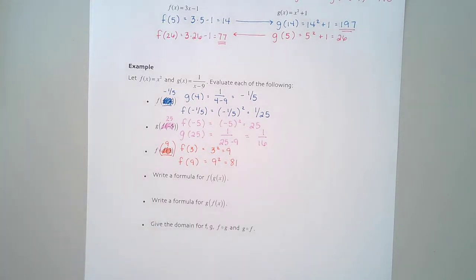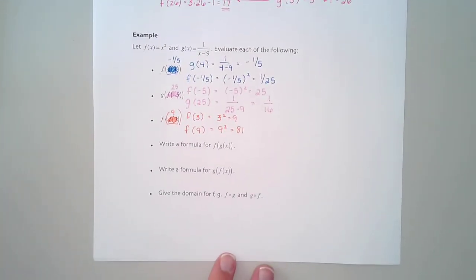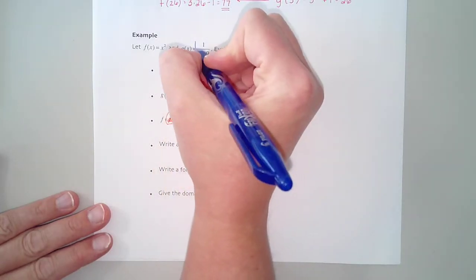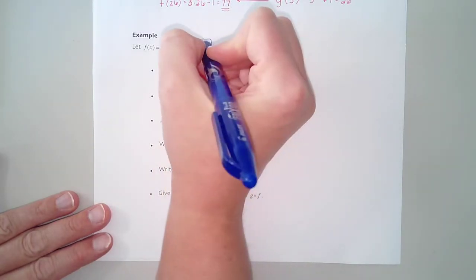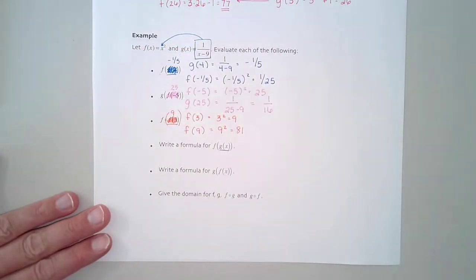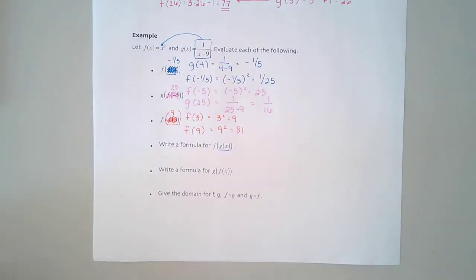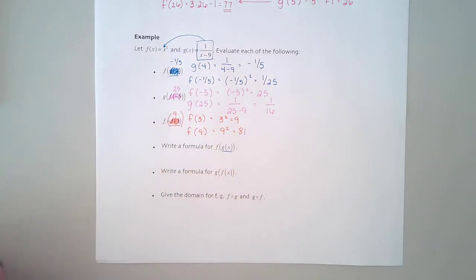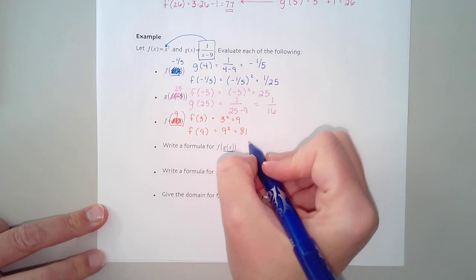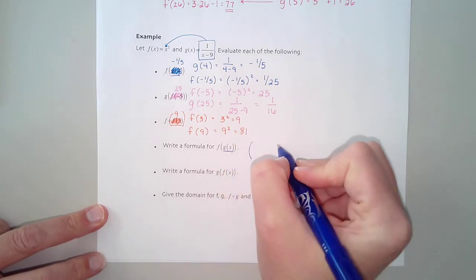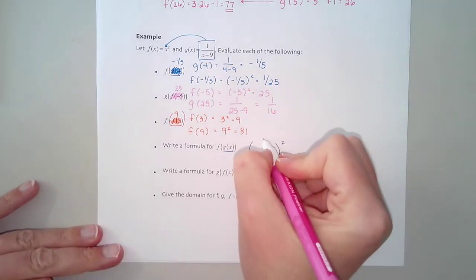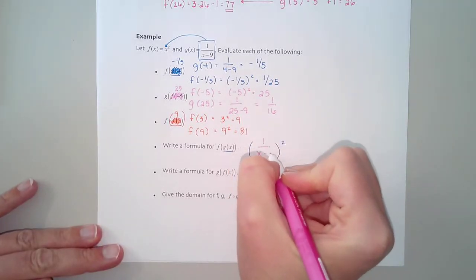Okay, so now when we get into the ones where you want to write a formula, now I'm not working with a specific value of x, I'm working with the entire g of x function. So this is telling me to take this entire g of x function, pick it up, and plug it into this function. So here's what that's going to look like. If I think of this as being kind of my shell or my frame, it's going to be, here's my x squared, but in place of x, I'm putting in 1 over x minus 9.